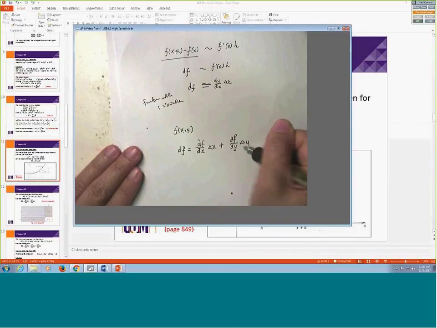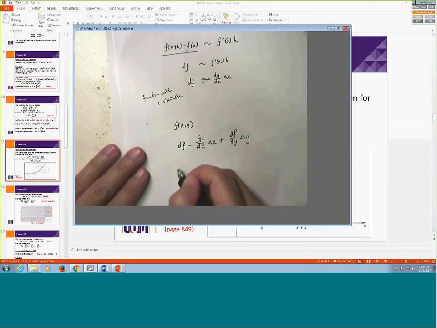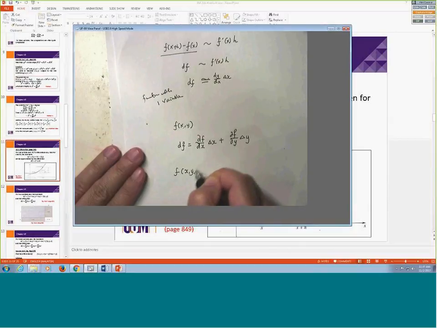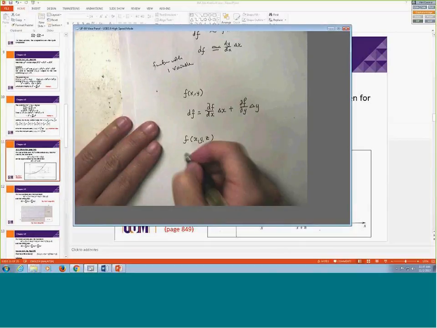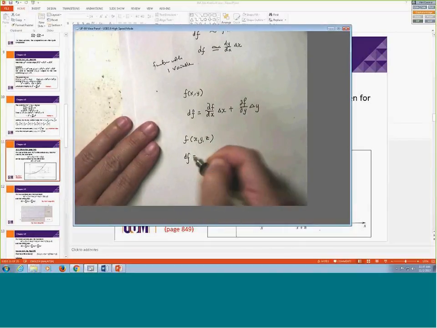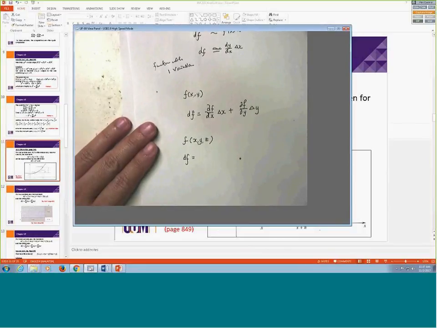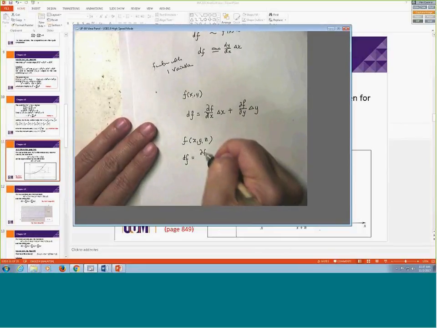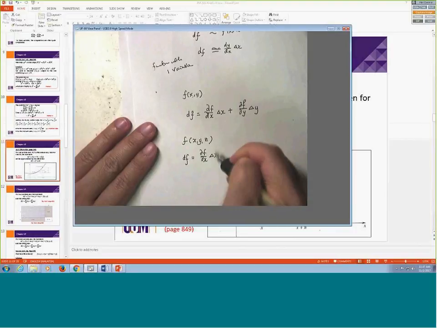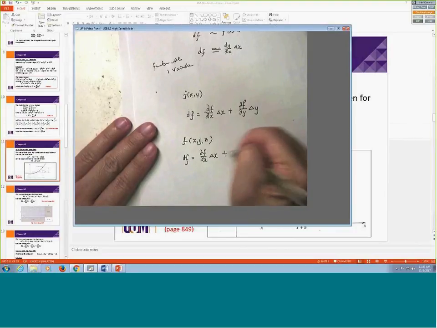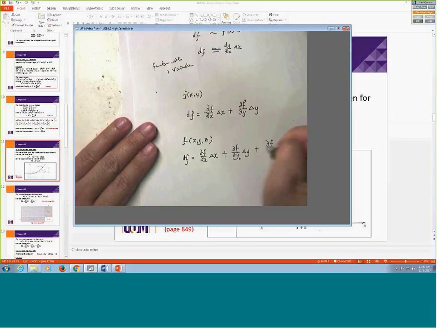We use del because there is more than one variable. If it involves three variables, the formula, or sometimes we call it the total differential, will be del f del x delta x plus del f del y delta y plus del f del z delta z.